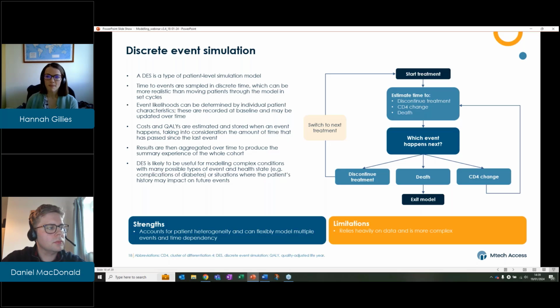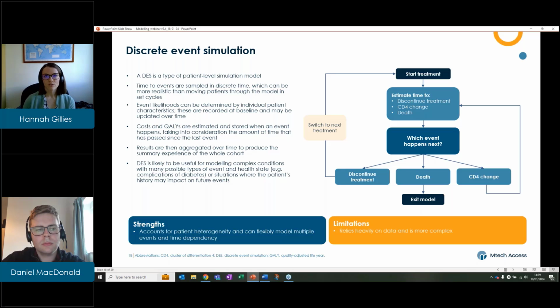And in this example, the model estimated the time to discontinuing treatment, the time to a change in CD4, which is a measure used in HIV, and the time to death. And then whichever of these 3 times is the shortest, this event is determined to be the next event that happens.